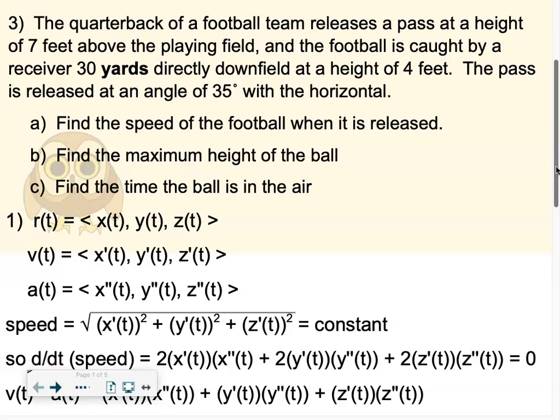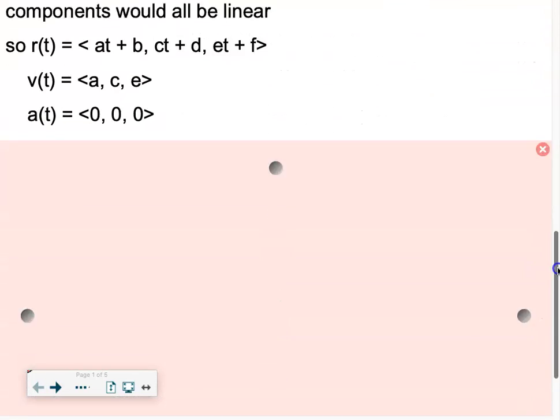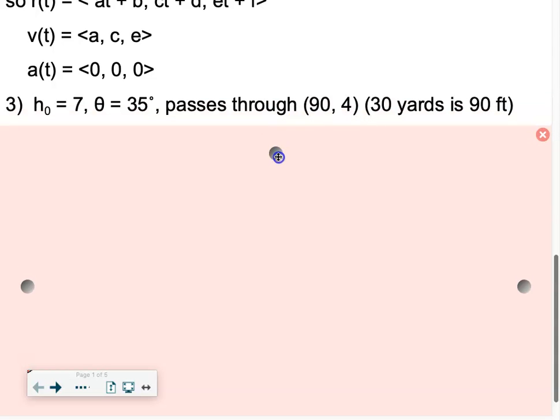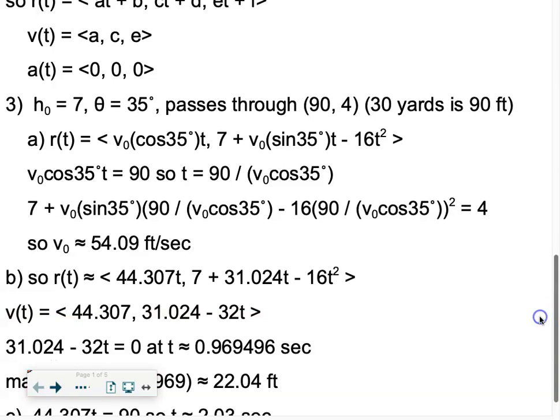So when my horizontal distance is 90, my vertical distance has to be 4 because they are happening at the same time. You know what? I'm just going to get rid of all this. And we'll just talk about it.